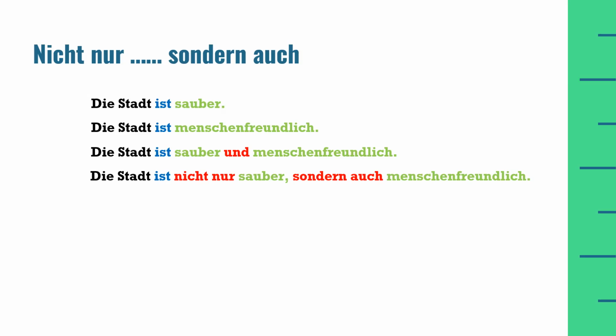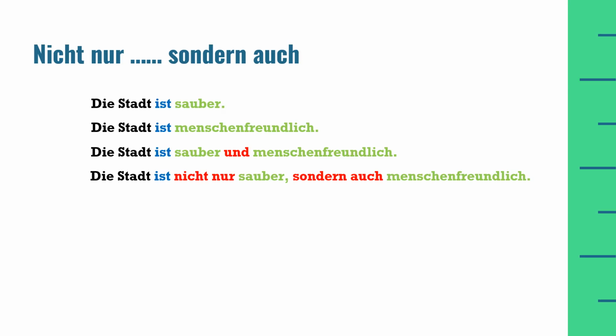So in this sentence, what we have done is we have used the subject only once, die Stadt, then comes the verb which is sein, and we have conjugated it according to the subject die Stadt, so it becomes ist, and soon after that we will use nicht nur.